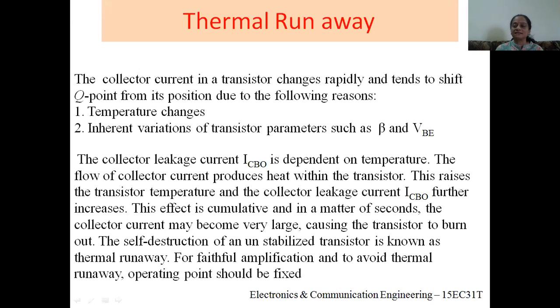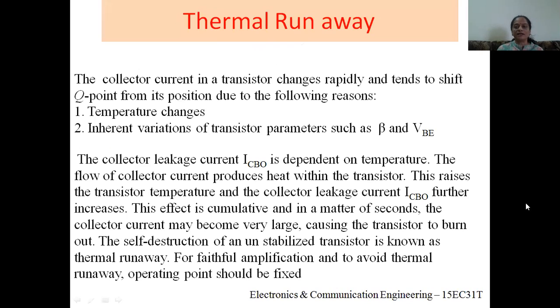Okay, the next topic is thermal runaway. It's also very important when we consider a transistor to work as an amplifier. Thermal means temperature. In the previous sessions, we have studied the Q point or operating point.